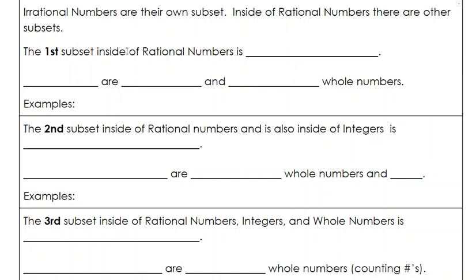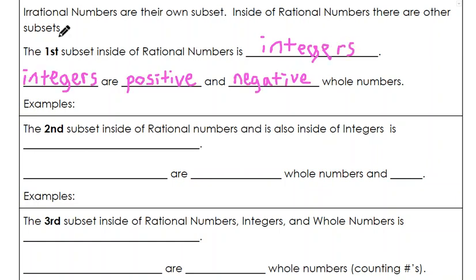The first subset inside of rational numbers is integers. Integers are positive and negative whole numbers. So let's type an integer. An integer could be -6. That's an integer. 4 is an integer. 18 over 9 is an integer, because if I simplify that, it equals 2. 2 is an integer.